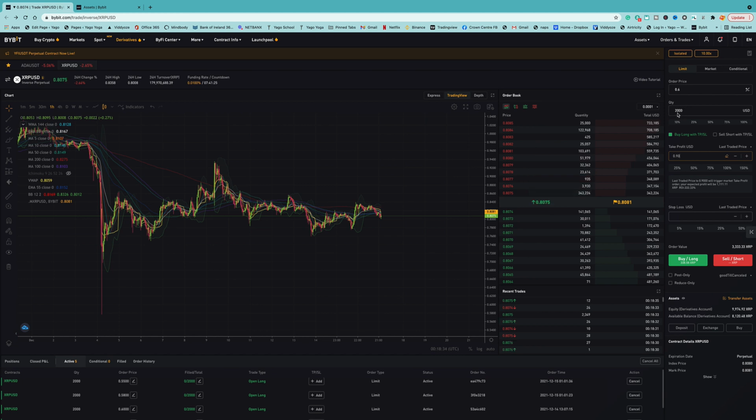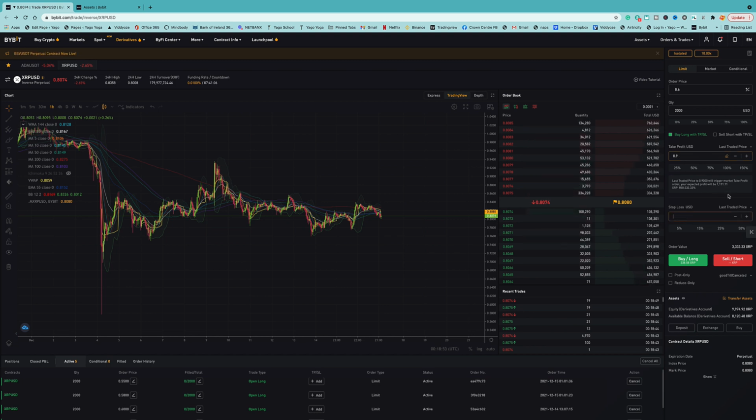So the short-term loan I'm getting is I'm using 200 of mine and 2000 of the exchange, and the profit here will be 333%, and it will be 1111 XRP.